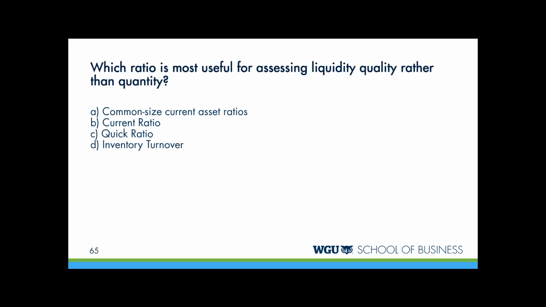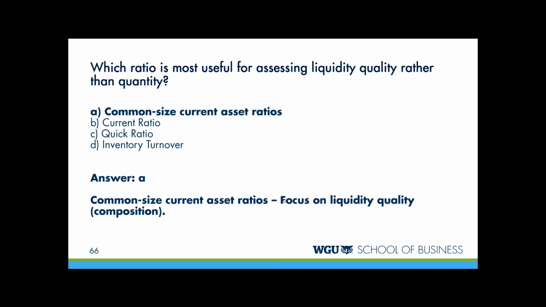So which one of these ratios is most used for assessing liquidity quality rather than quantity? Okay, so the answer here is our common size current asset ratios.